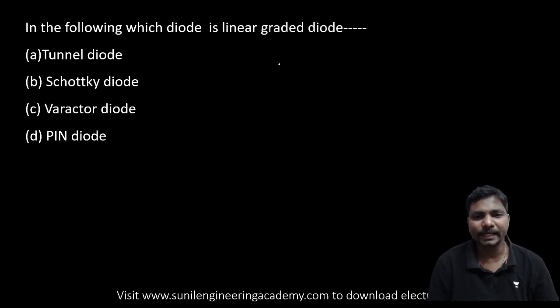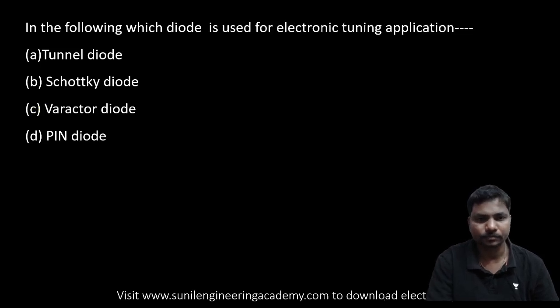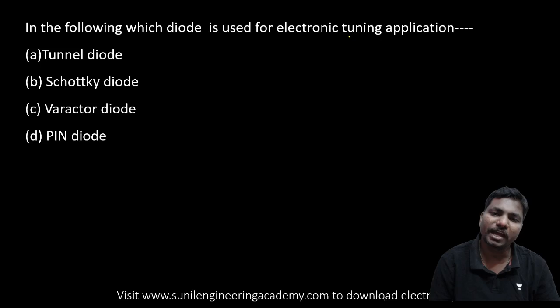Which diode is a linear graded diode? I have already given that now. Varactor diode is a linear graded diode. In the following, which diode is used for electronic tuning applications? Very important question.